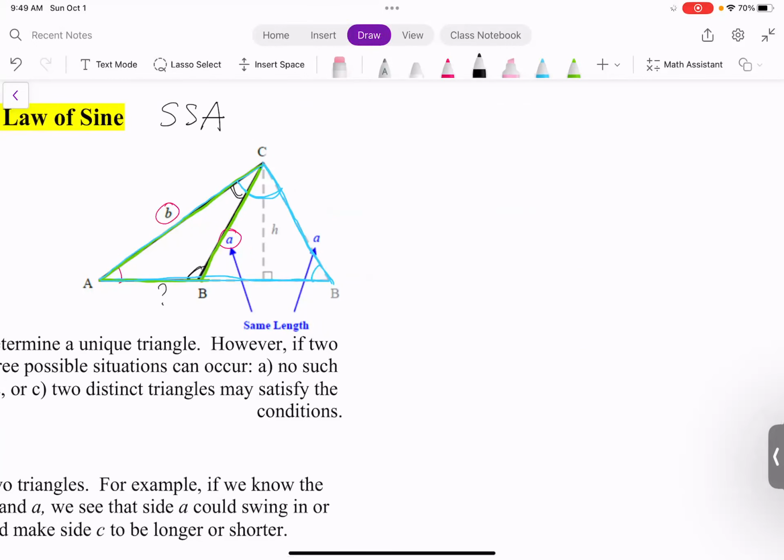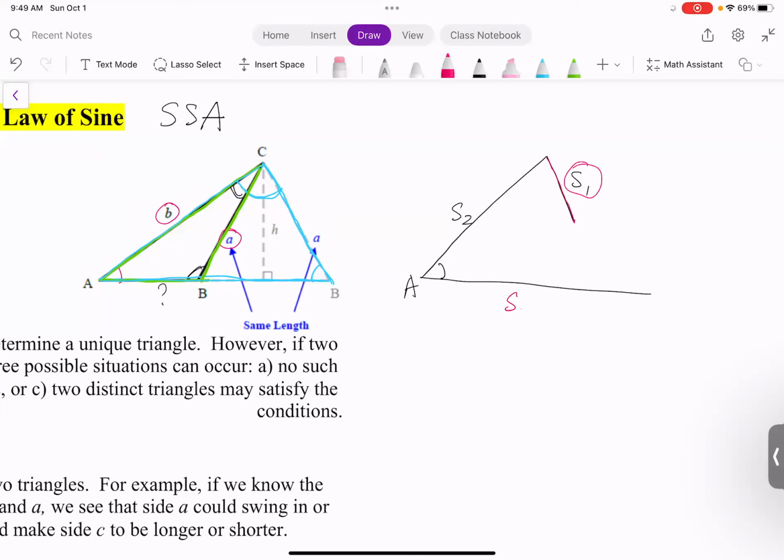We say no solution. So the given information is one side, this is S sub 1, and I have another side, S sub 2, and also I know the angle here, the angle A. I got three given pieces of information. But the first side is too short. This one has no intercept with the side here.